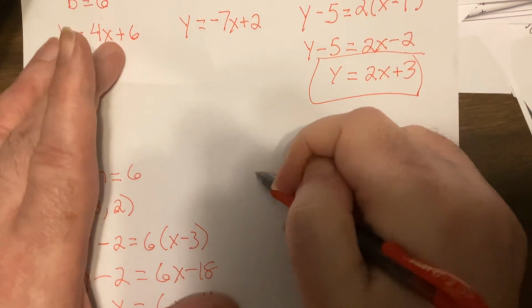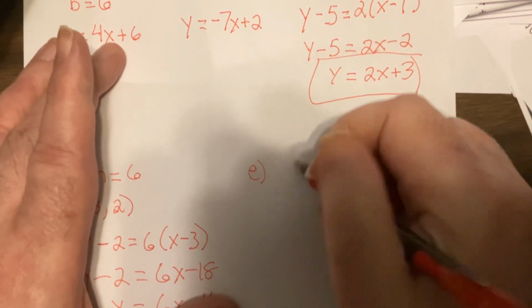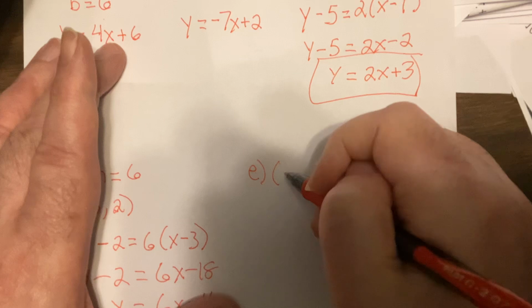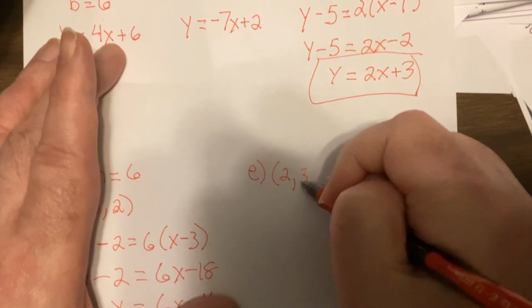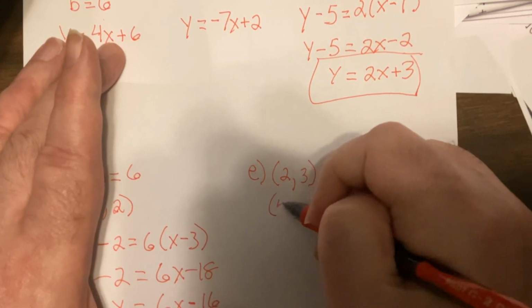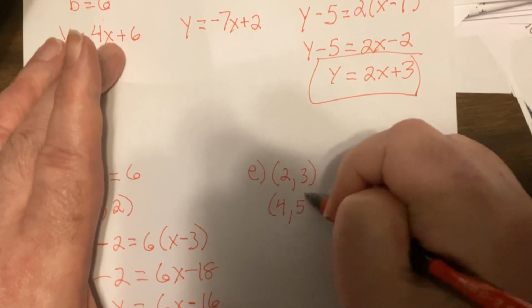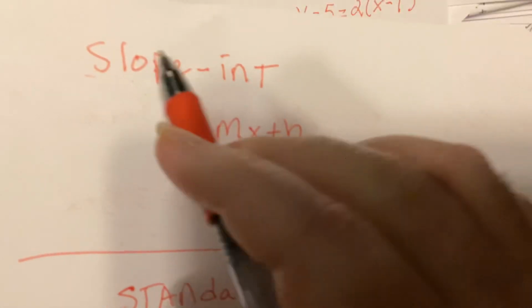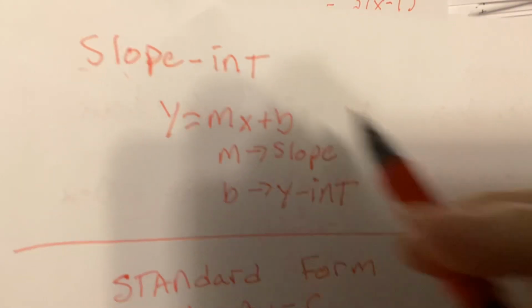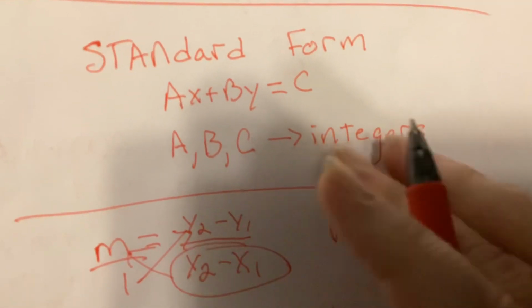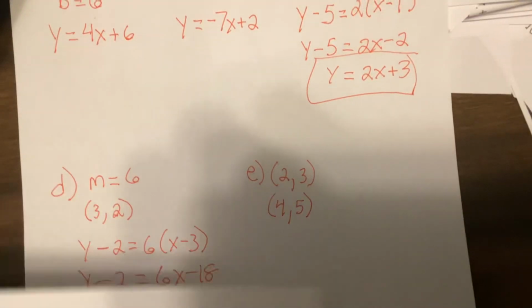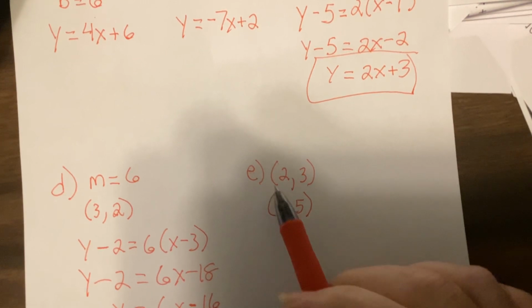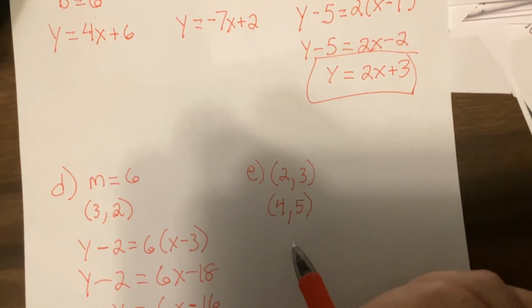Okay, what if I tell you that there's 2 points on the line, 2, 3, and 4, 5. Now, let's see: slope-intercept, no. Standard form, no. Point slope, no. But can I find the slope given 2 ordered pairs?